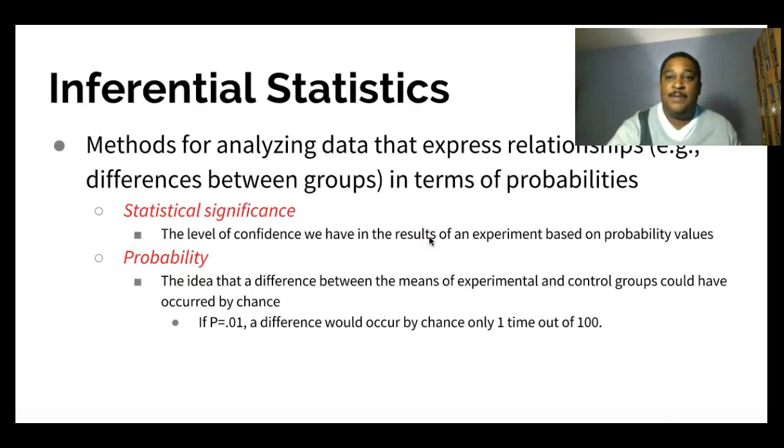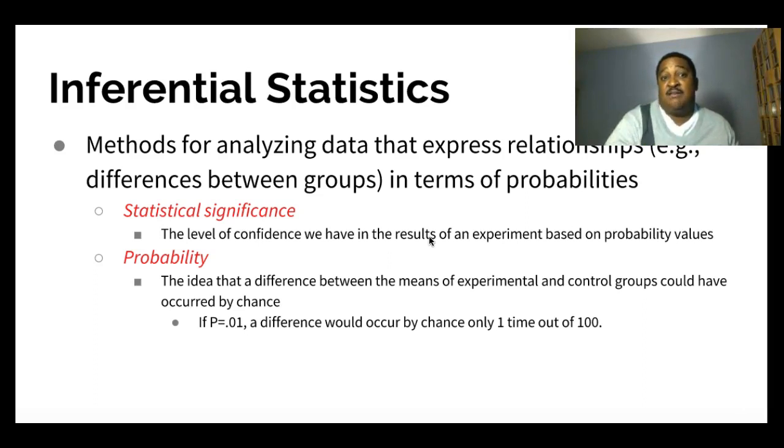So one more thing about statistics. Inferential statistics is a method for analyzing data and expressing relationships and differences between groups. What researchers are looking for is statistical significance. When we're saying that these things are a science, and when we're talking about these theories, they have statistical significance.